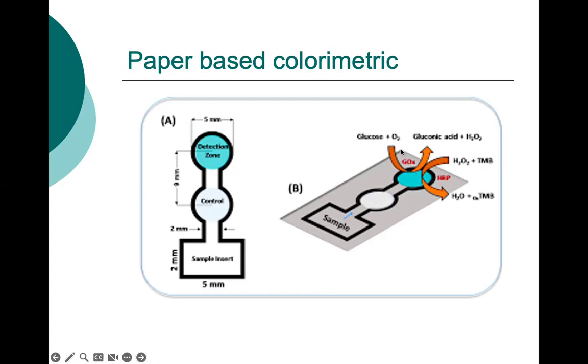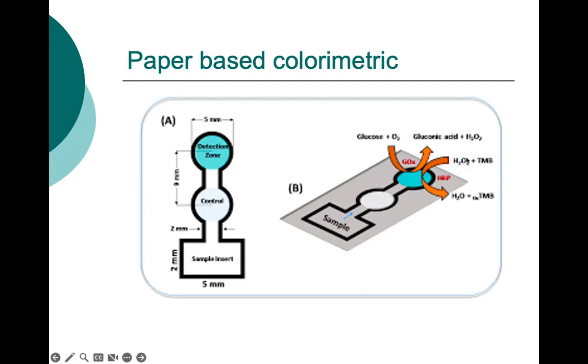Once the glucose is oxidized by glucose oxidase, which is an enzyme that specifically oxidizes glucose, from that reaction, gluconic acid is produced plus peroxide, H2O2. So if we add TMB, I don't remember the full name of TMB, it's a chemical reagent.